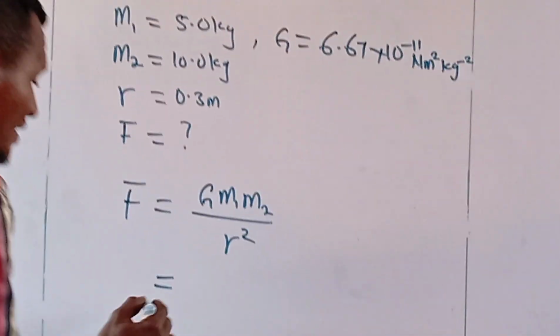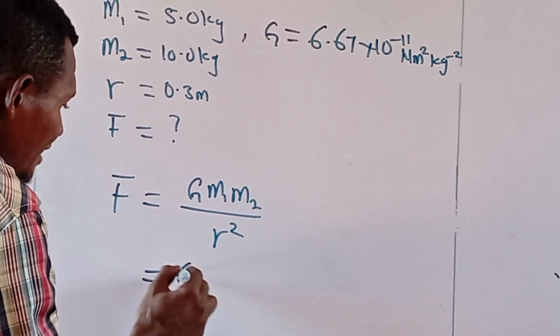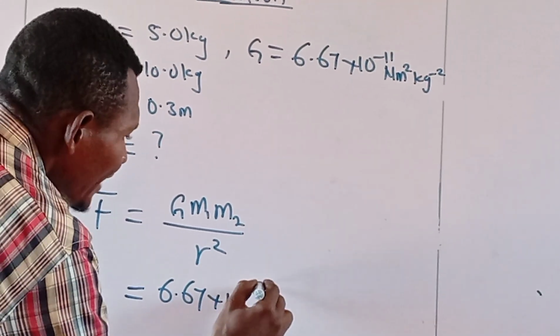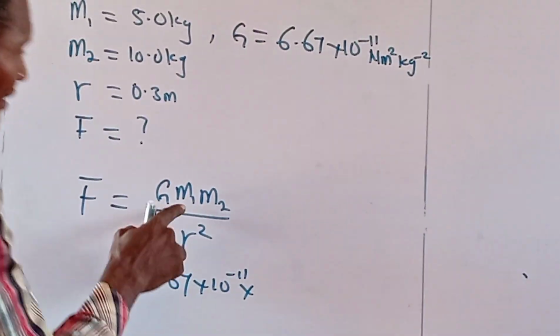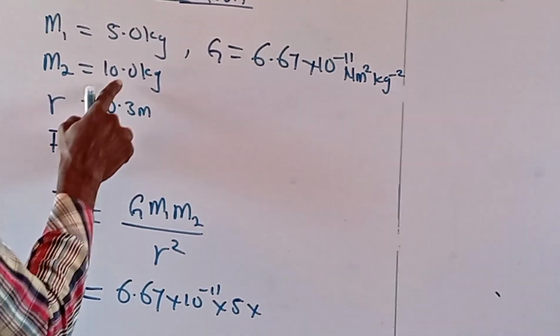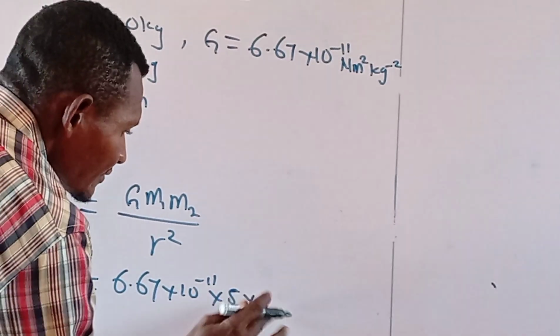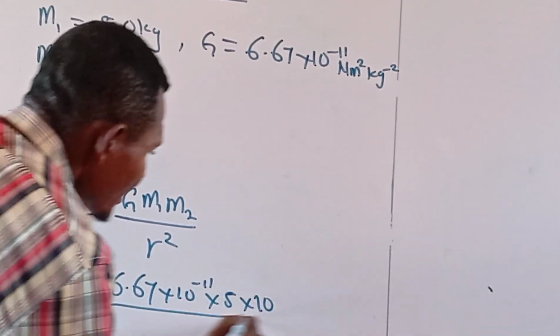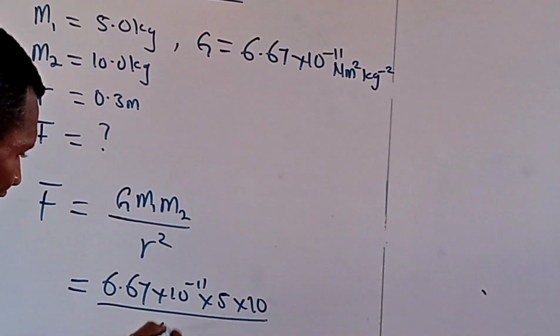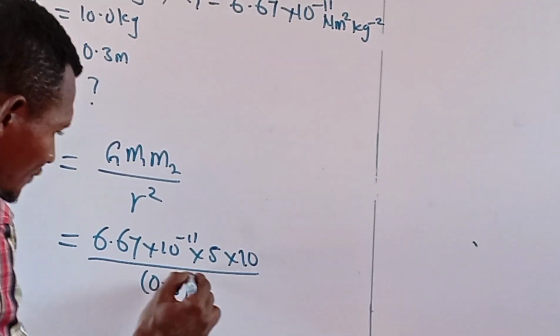So F is equal to G, which is 6.67 times 10 to the power minus 11, times M1 which is 5, times M2 which is 10, all divided by the distance R, which is 0.3 squared.